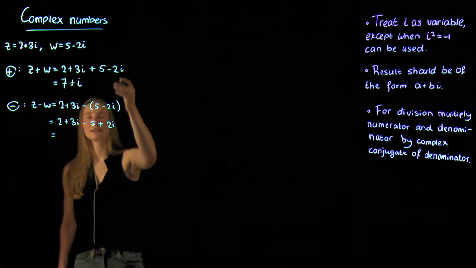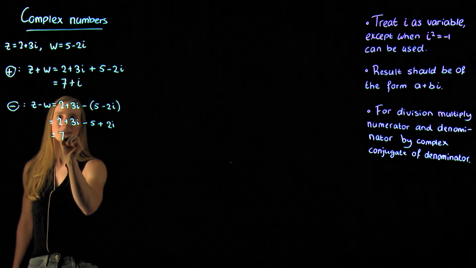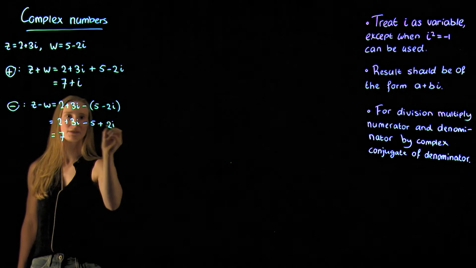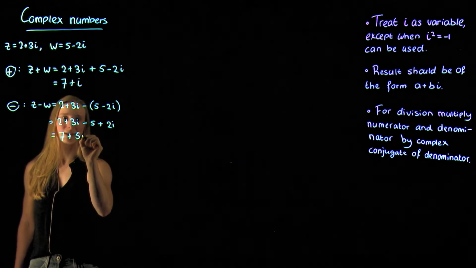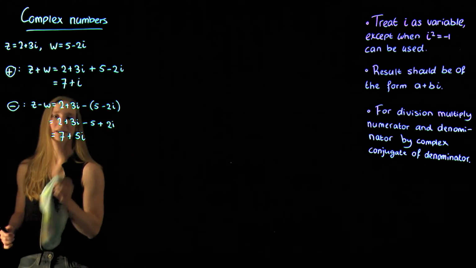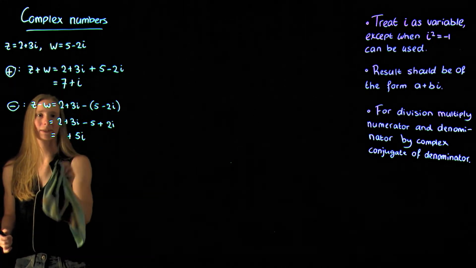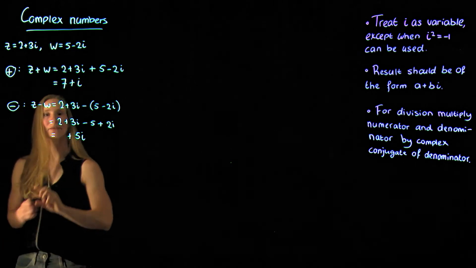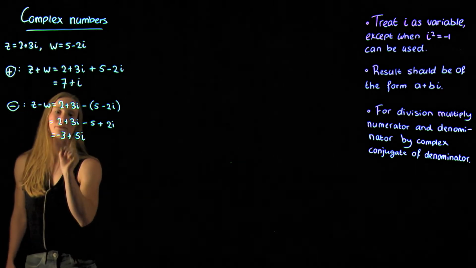And then we have again a simple addition, so we get 7 plus 5i. Oh, sorry, I see I made a mistake here. This is 2 minus 5, of course, not 2 plus 5. So this should be -3.